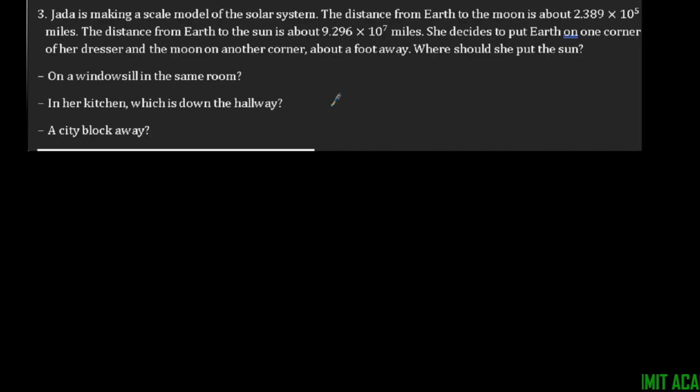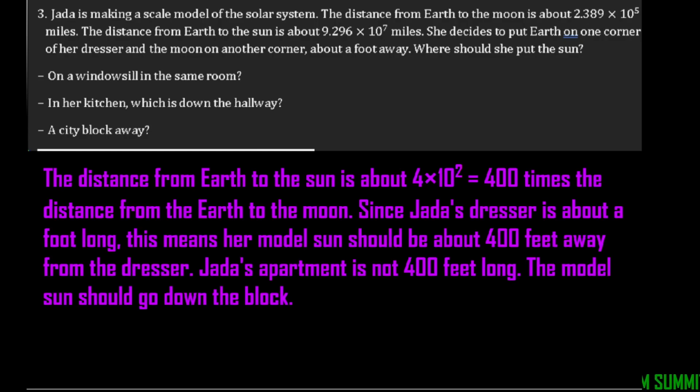She decides to put Earth on one corner of her dresser and the Moon on another corner, about a foot away. Where should she put the Sun? And it gives you some options. On a windowsill in the same room, in her kitchen, which is down the hallway, or a city block away.